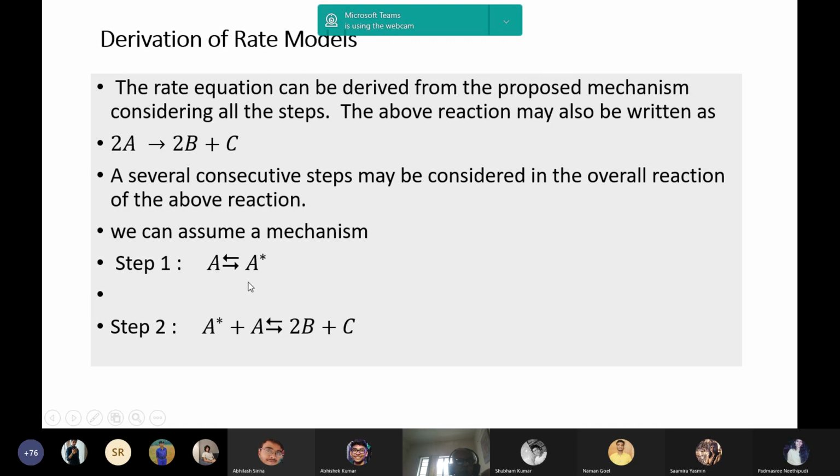Step 2: this activated, or unstable, compound A star reacts with A to form 2B and C. So in the actual product we cannot detect A star. A star is the intermediate, and this intermediate is used in the second step. But in the product we will find B and C only. No A star is detected.